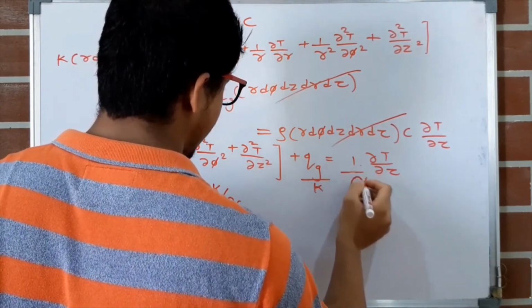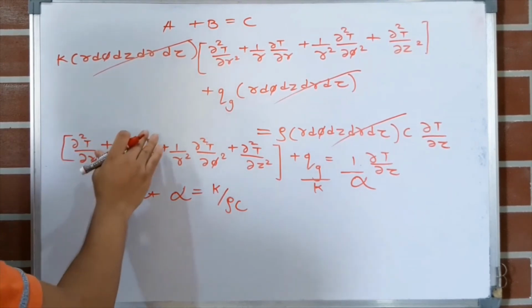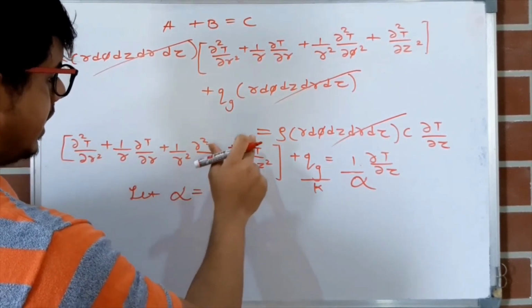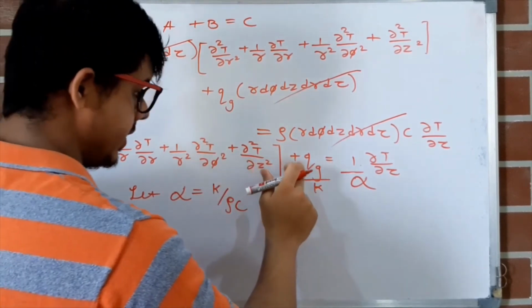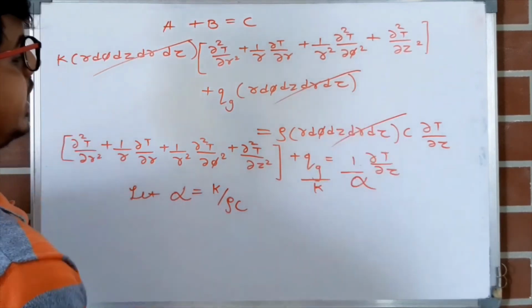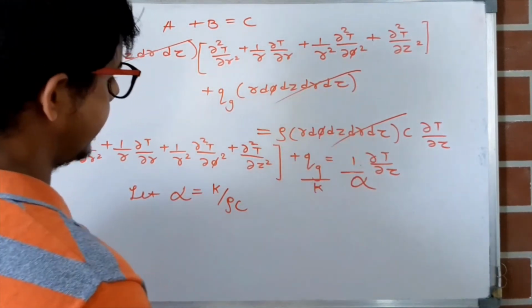So it is 1 upon alpha. At last we get del square T by del R square plus 1 upon R into del T by del R plus 1 upon R square into del square T by del phi square plus del square T by del Z square plus Qg by K equals 1 upon alpha into del T by del tau. This is the general heat conduction equation in cylindrical coordinates.